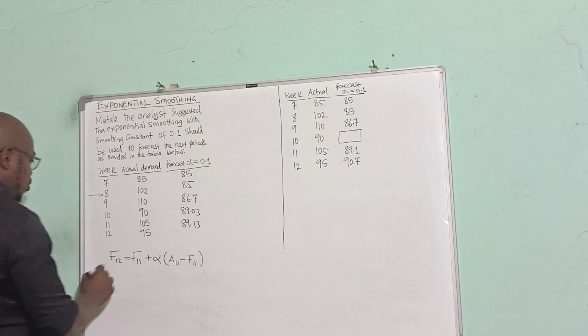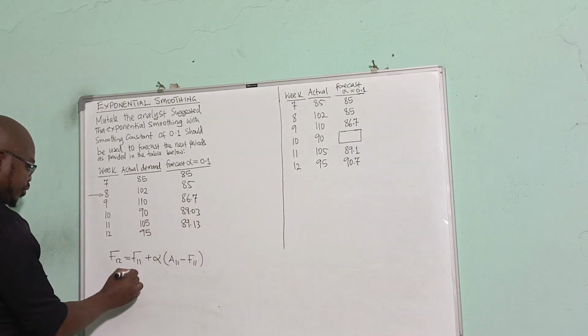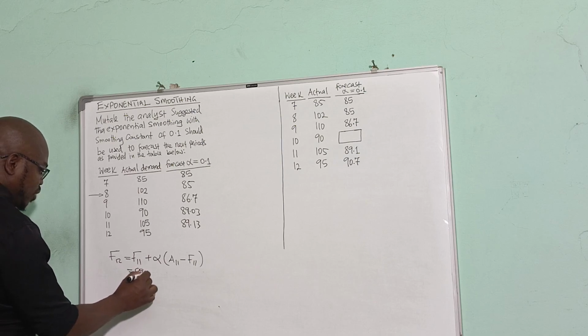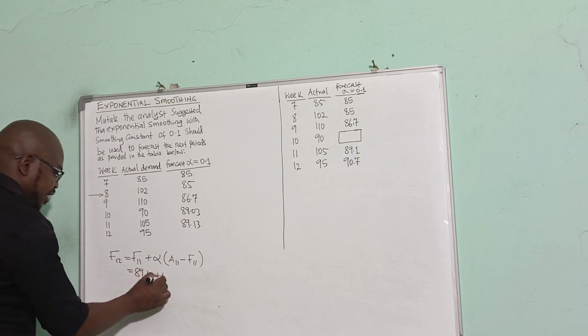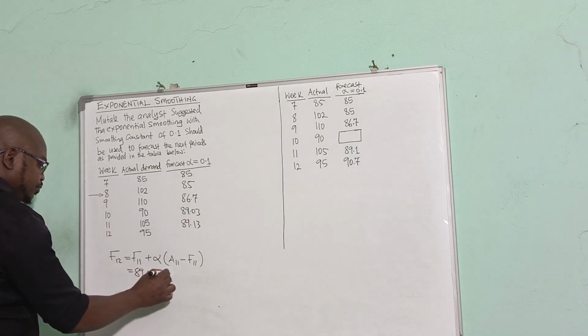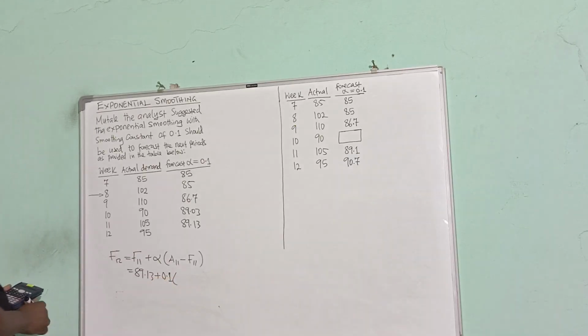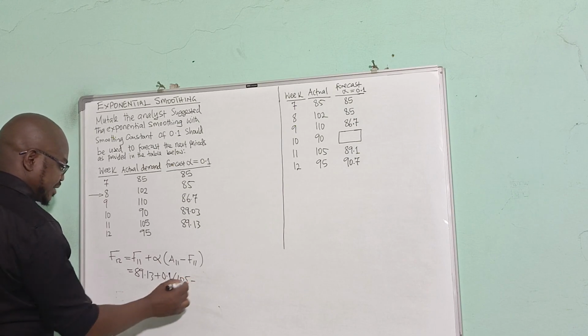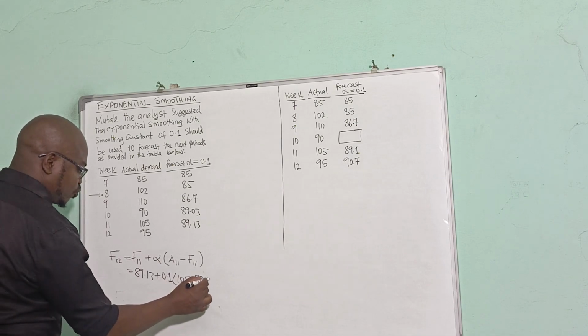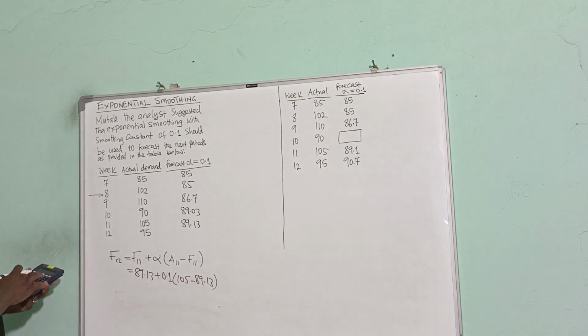Okay, so now here I go. Forecast for period 11 is 89.13 plus constant factor 0.1, open brackets, then actual for period 11 is 105 minus 89.13. Again, I process that in the calculator at once.